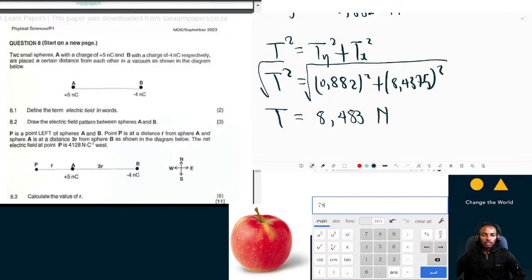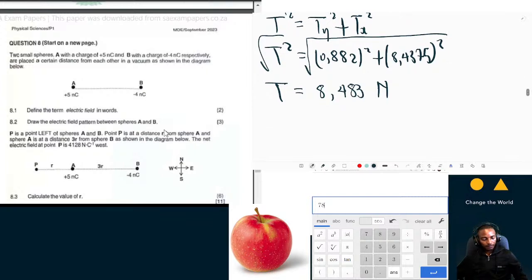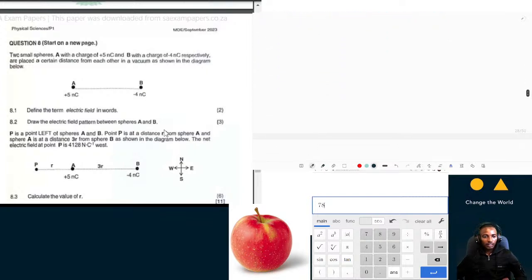So in question 8, let me read question 8. We have two small spheres, A and B, with A having a charge of 5 nanocoulombs and B having a charge of -4 nanocoulombs respectively.